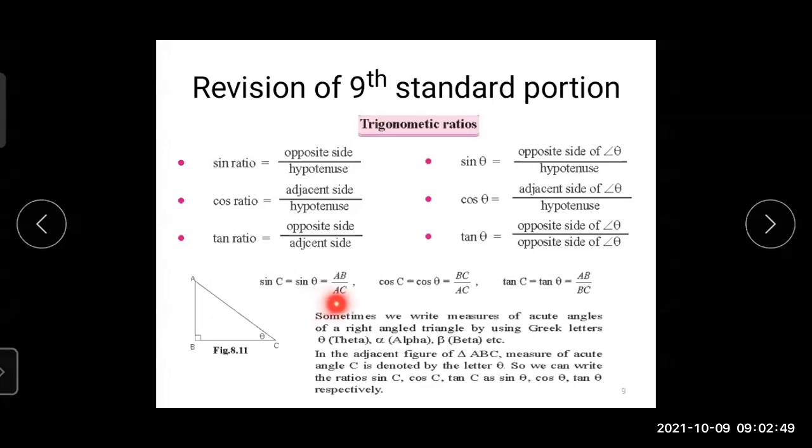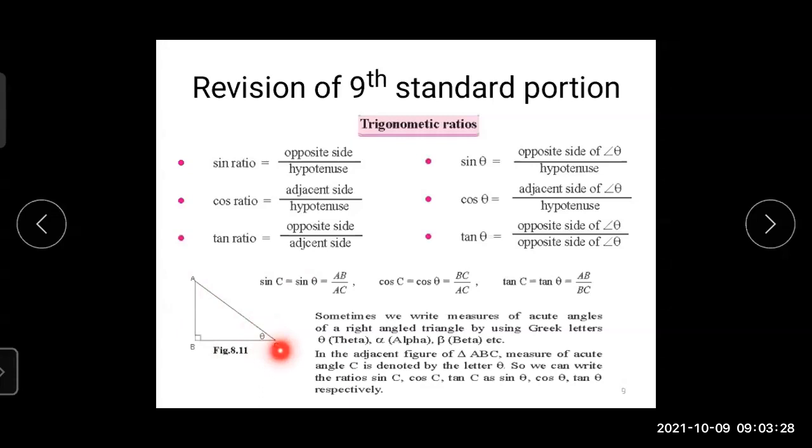Okay, and here some ratios are given. Sin C, that is sin theta, AB upon AC, cos C, that is cos theta. But we have written this on the basis of this figure, that is triangle ABC. So in this, sin theta is AB upon AC. As we are taking C as theta, on the basis of this figure for the sine ratio, we have to see the opposite side of angle C, that will be side AB, and upon hypotenuse, that is AC.